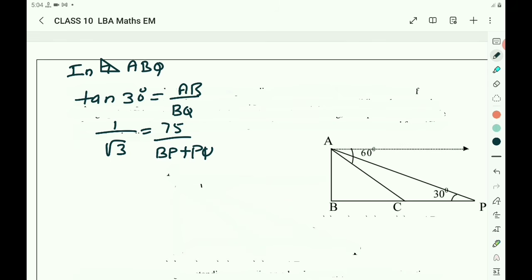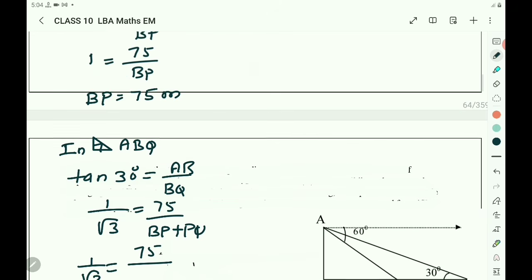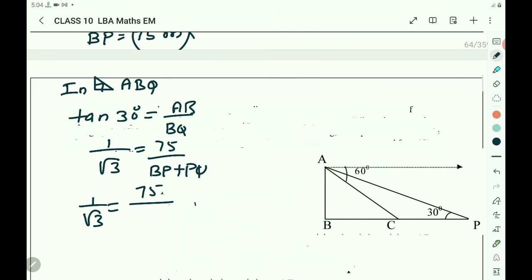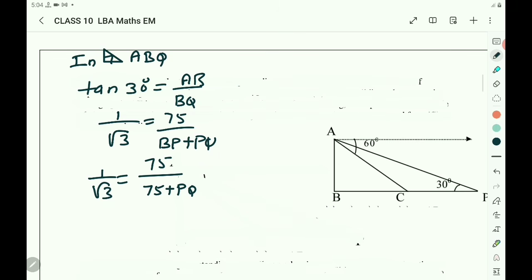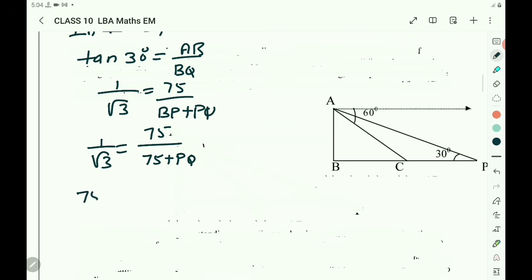Do the cross multiplication. 1 by root 3 equals 75 by BP, you got 75 plus PQ. Then do the cross multiplication. 1 into 75 plus PQ is 75 plus PQ equals 75 into root 3.